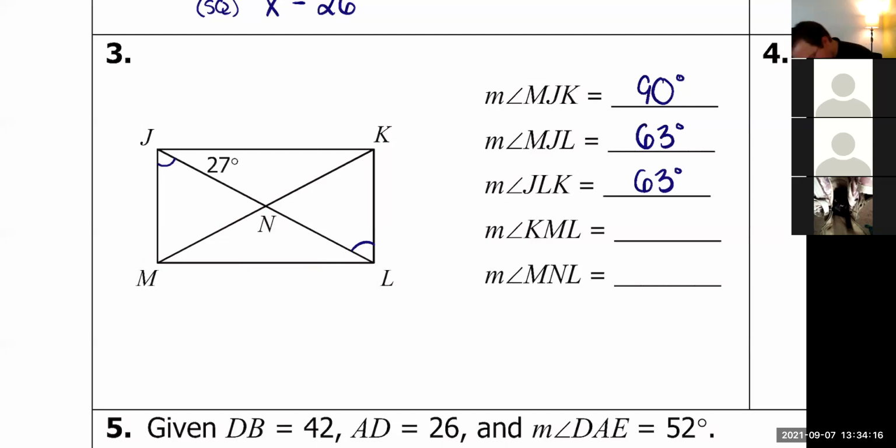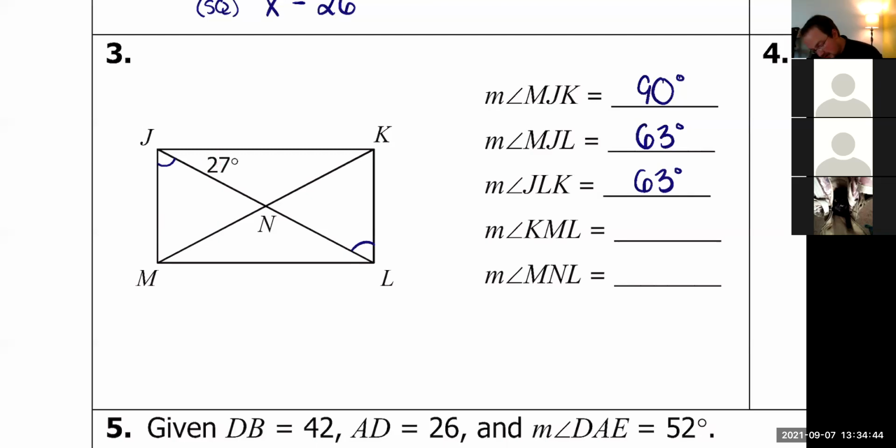Any ideas on this one? For KML. Would it be 27? It would be. Can you tell me how you came up with that? Because it's like the opposite interior of the other one, of J. Is that right? I don't know.